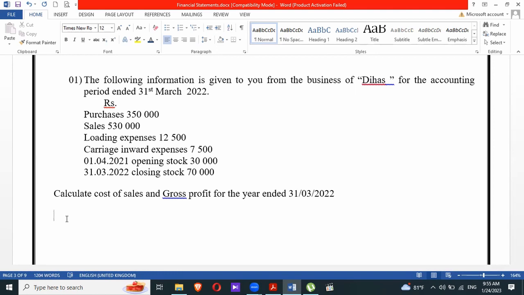I have given some information: purchases, sales, loading expense, carriage inward expense. On 2021 April 1st the opening stock, and on 31st March 2022 the closing stock is 70,000. Opening and closing stock, purchases and sales, and purchase related expenses are given. So simply you can calculate cost of sales, then you can calculate the gross profit.